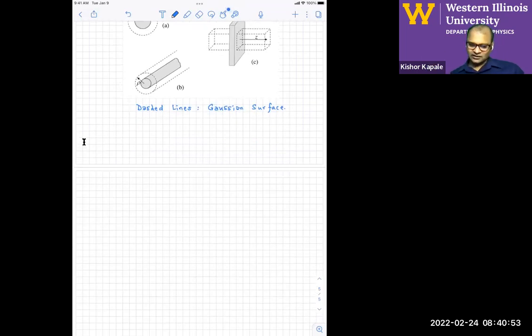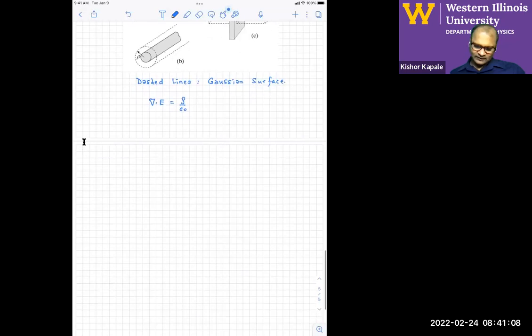Okay, let's take the differential form and see if we can turn that around. So divergence of E equals rho over epsilon 0. Let's take a volume integral on both sides. The integral of divergence of E d cubed r is going to be the integral of rho d cubed r over epsilon 0.